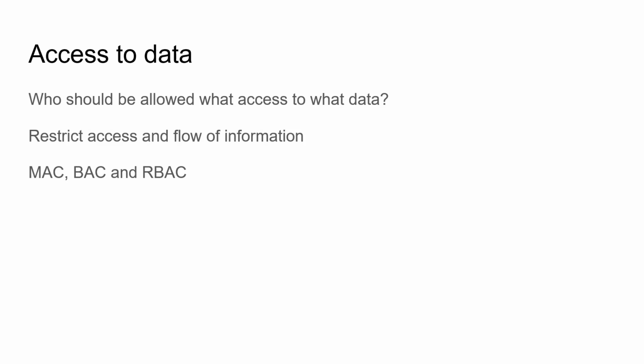And in the strictest model, we can try to guide and regulate the actual flow of information. Now, there are different types of access control models. We have mandatory access control, discretionary access control, that should be a D, and role-based access control.